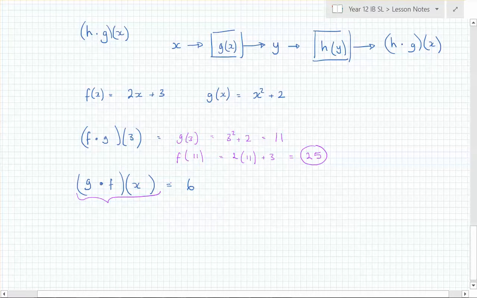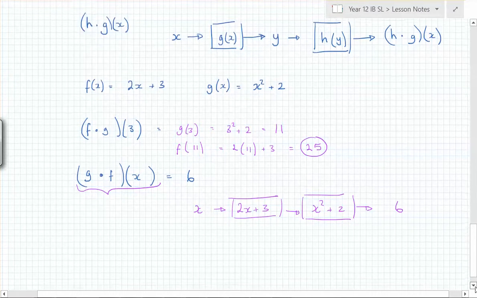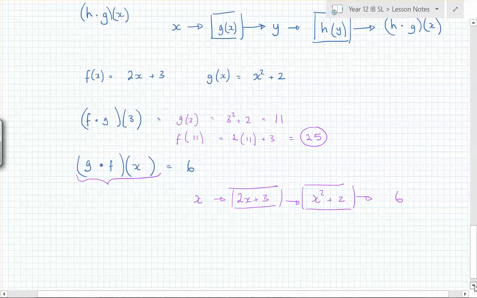So we've got to look into that, because otherwise it's like, well, what we would do is we would say, well, x goes into 2x plus 3, gives me an answer, and then that answer goes into x squared plus 2, and I get the answer 6. So I could do it backwards. Right?